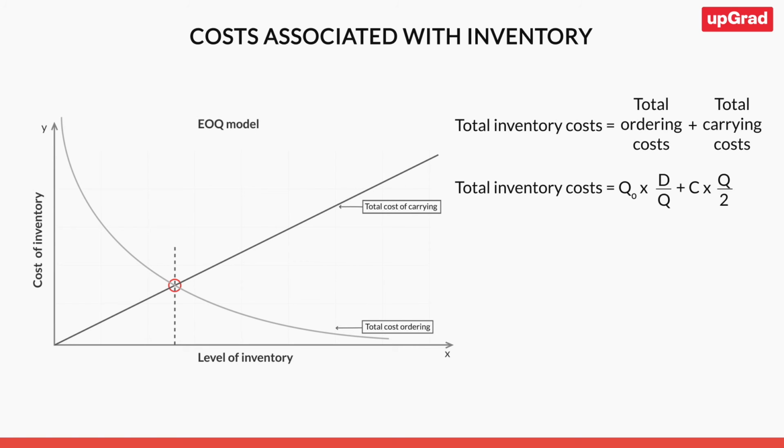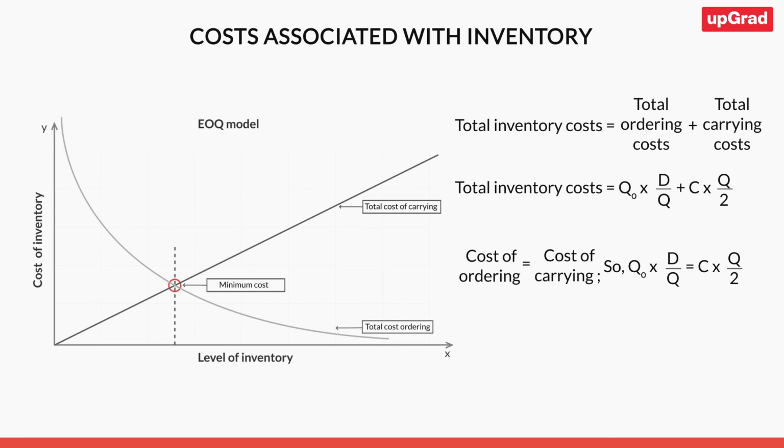The point at which the curve for the cost of ordering and the cost of carrying intersect each other is the point where the total cost of inventory is the minimum. So, by equating both the costs, we get Q is equal to square root of 2 multiplied by Q0 multiplied by D divided by C. The cost pertaining to Q would be the optimum cost of inventory.